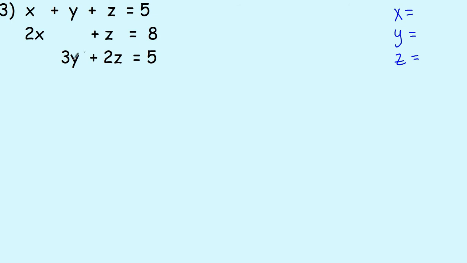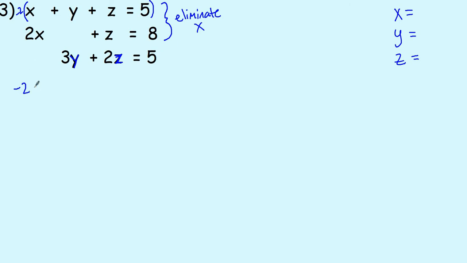So since this equation has a y and a z, I'm going to take the other 2 equations and I'm going to eliminate x. So that way I can get another equation with just y's and z's. Okay? So for me to eliminate the x's, I need to multiply this one by negative 2.